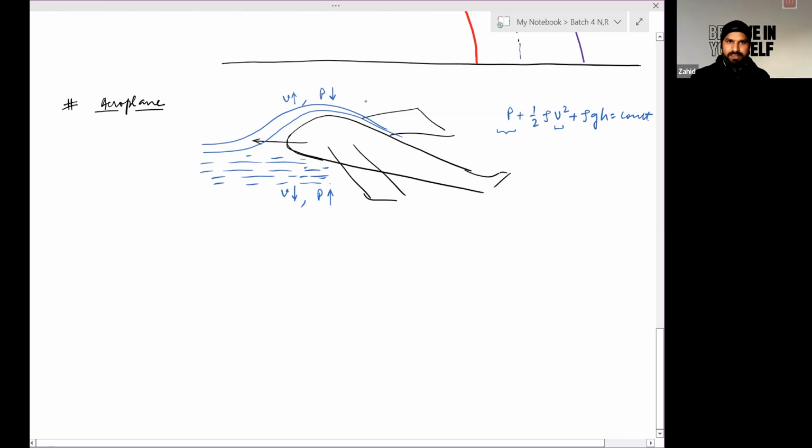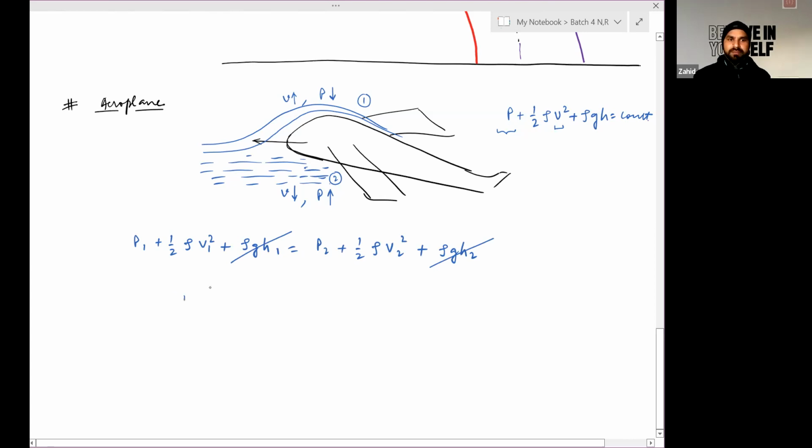So let's say this is the first portion and this is the second portion. According to Bernoulli's principle, P1 plus half rho V1 square plus rho gh1 equals P2 plus half rho V2 square plus rho gh2. Since h1 and h2 are quite comparable to each other, they will just cancel out. Move P2 to the left side and the rest of the terms to the right side.